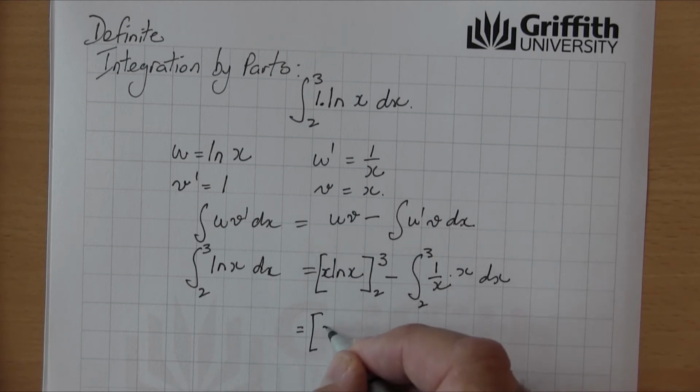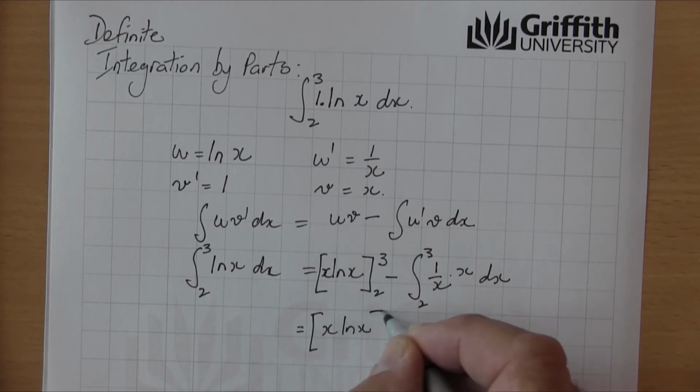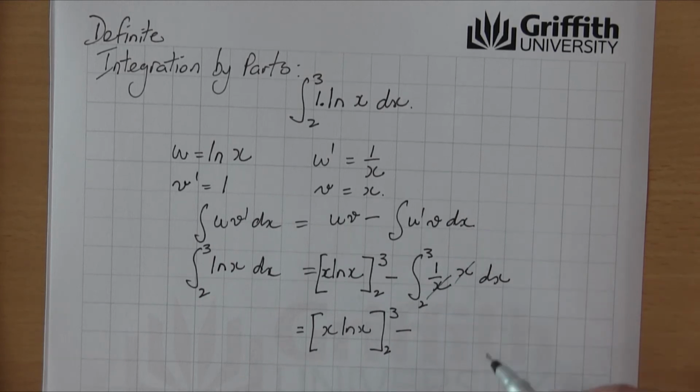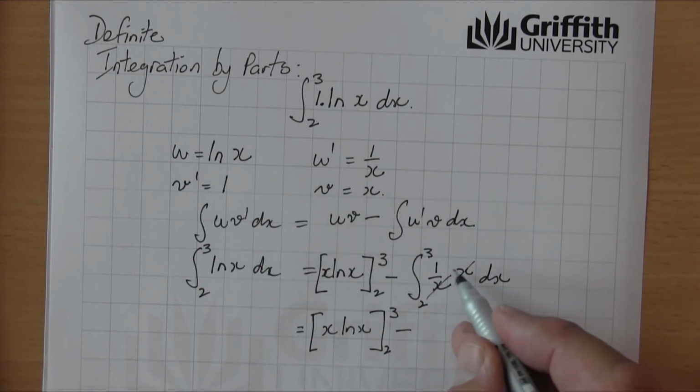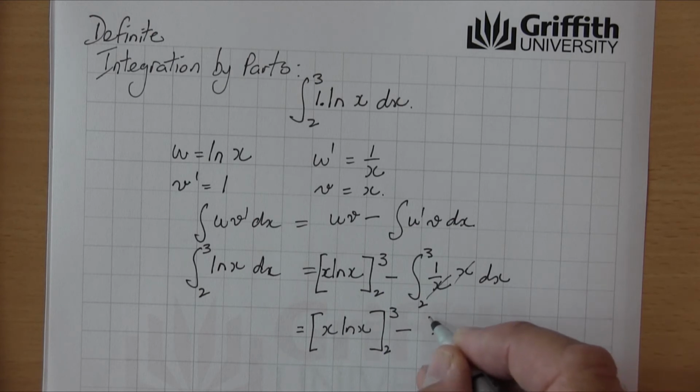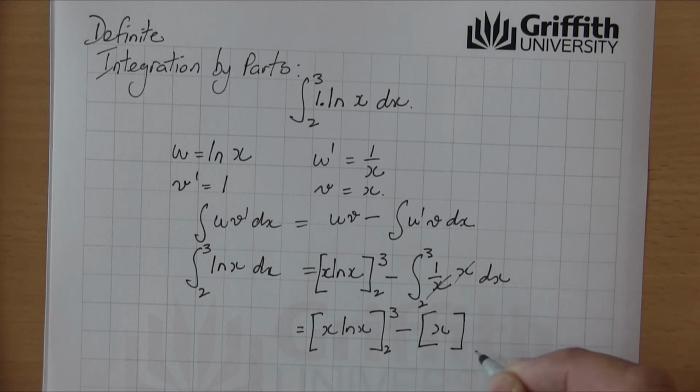So that'll be the integral of x ln x between 2 and 3, minus, you can see that the x's will cancel, and that is why we introduced the 1. And so the integral of 1 dx is simply equal to x, and there'll be x between the values of 2 and 3.